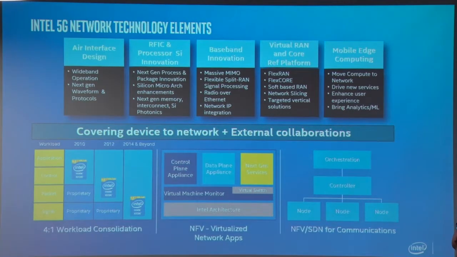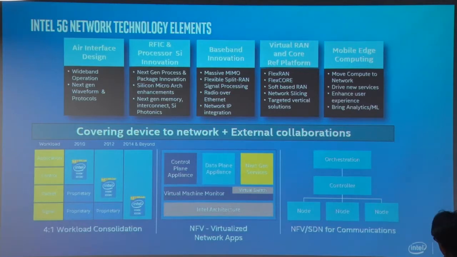So typically speaking, historically, we look at the network as 4 different categories of workloads. For ease of understanding, we look at the application level, control level, the packet processing, and the signal processing. Those are the 4 broad categories of workloads that we see within the network. And over time, what we've been trying to do at Intel is address more of these workloads on a general purpose platform so that it becomes easier to develop, maintain and deploy these type of workloads.